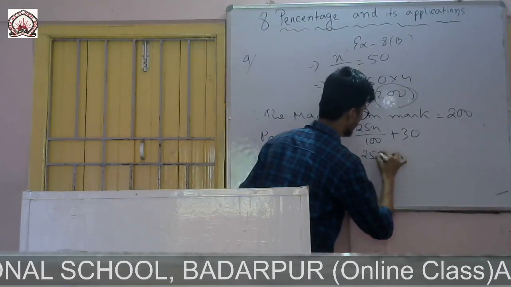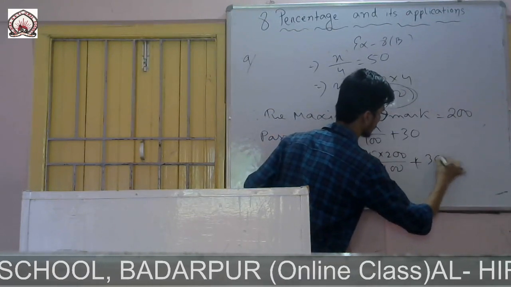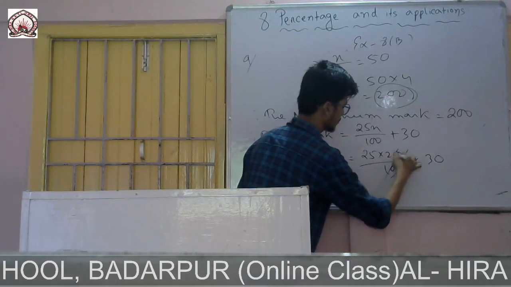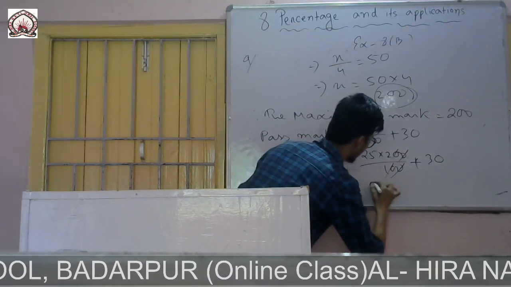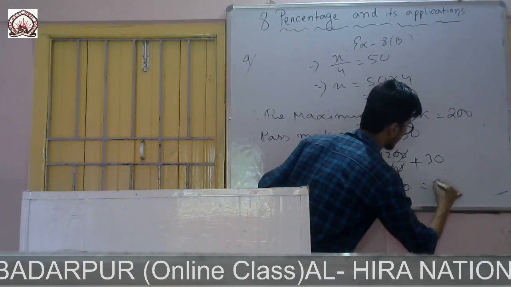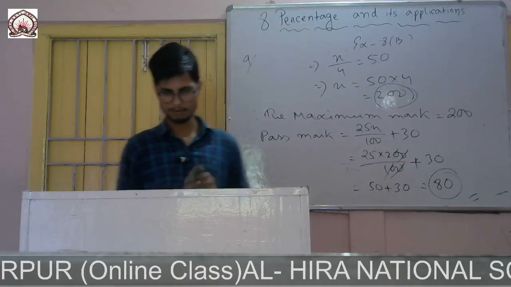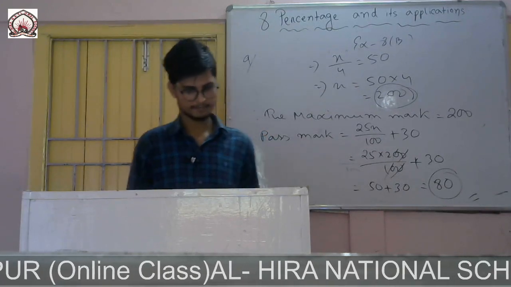So 25 into 200 by 100 plus 30. The zeros I can cancel. 25 into 2 is 50, plus 30, which is equal to 80. So this is the pass mark of that class.